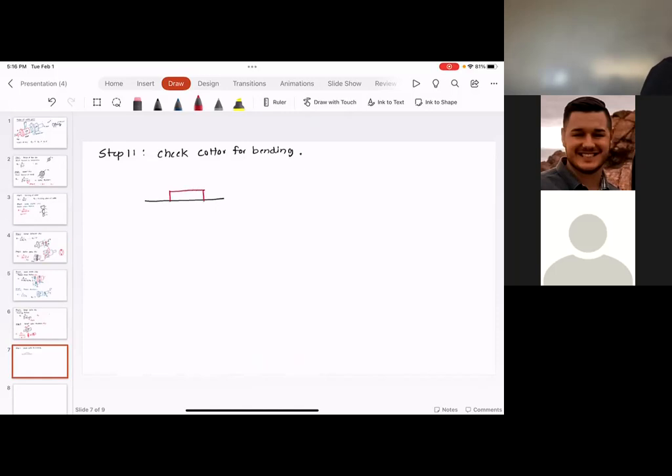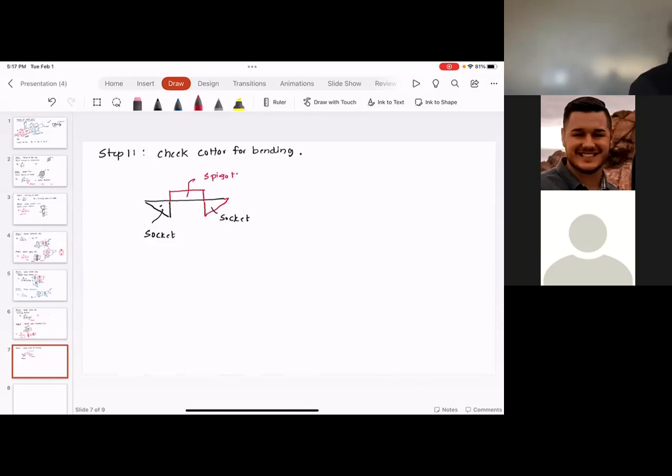The central part of the cotter is in the spigot, and on either side you have socket. So this part is in socket, this is in socket, and this is in spigot.